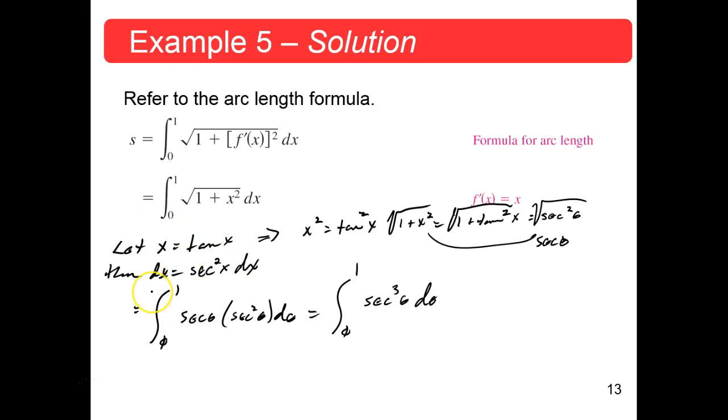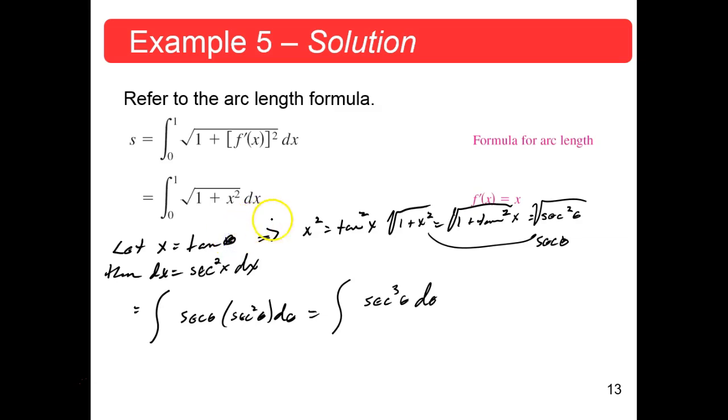We need to change it here too, so let's change. Okay. We're kind of running out of time. Let's see what it would be when x equals 0.